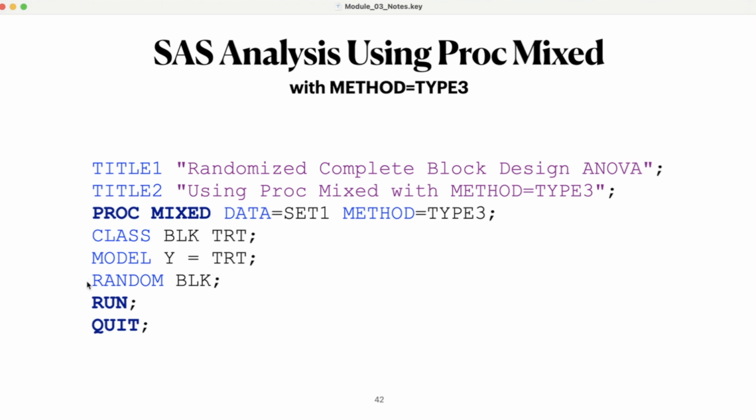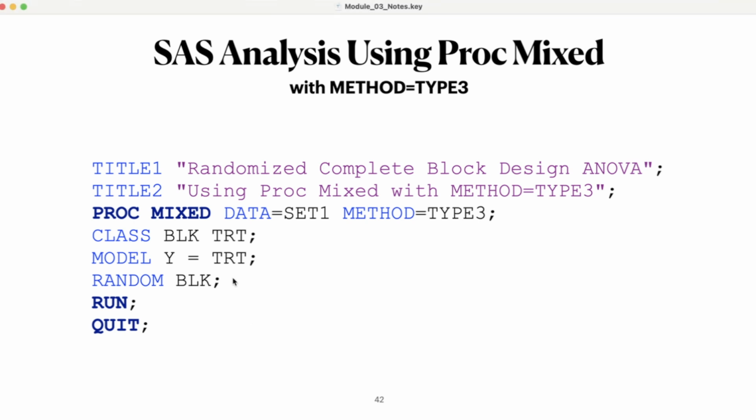And then we have to specify the random part of the model. Excluding the random error term, we never have to enter that into SAS explicitly. But the blocks are considered random, and so we have to enter those into the model. And we have to specifically tell SAS proc mixed that blocks are random. In fact, if we were to put BLK up in the model statement, it would do an analysis, but it would not treat blocks as random. It would treat blocks as fixed effects, and that's not what we want typically when we are conducting a randomized complete block experiment.